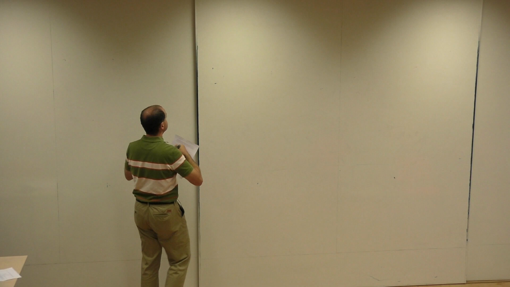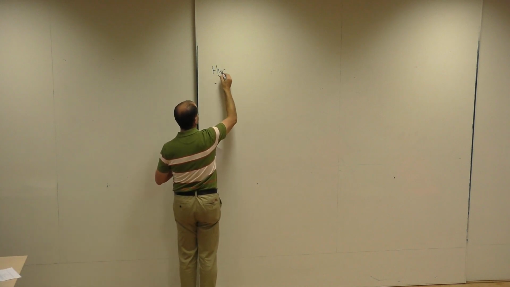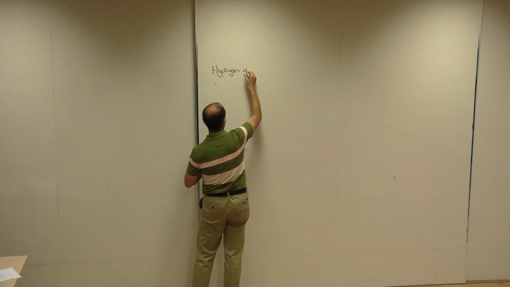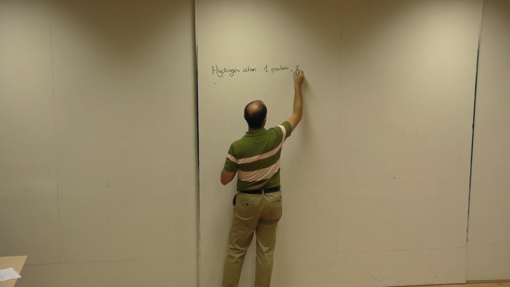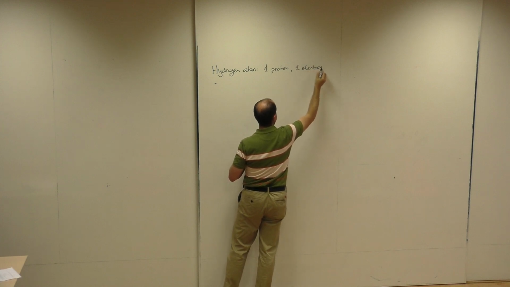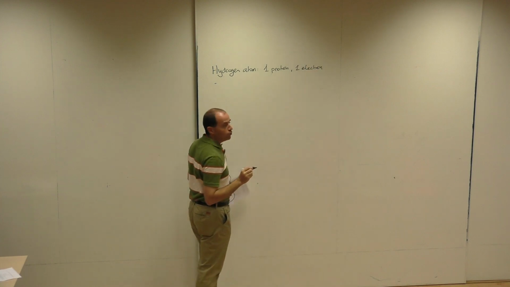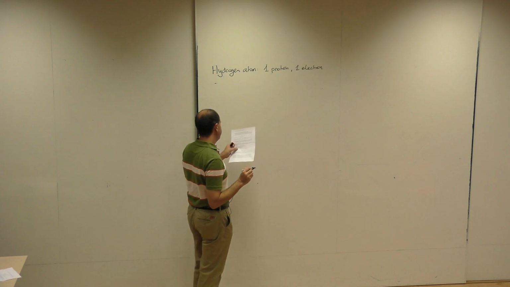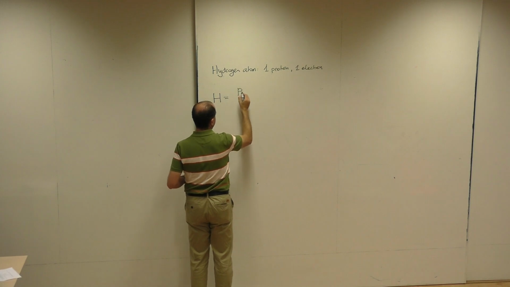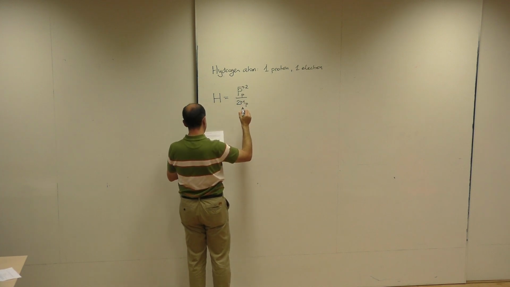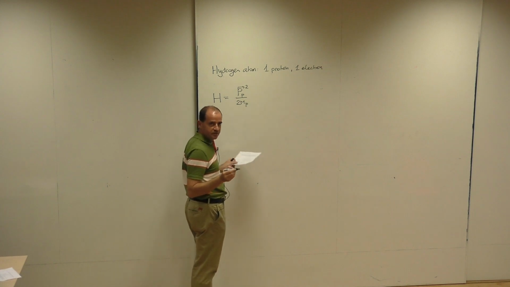So the hydrogen atom, what is the hydrogen atom? It is one proton and one electron. And how does the Hamiltonian look? Well, it looks something like that. There is the kinetic energy of the proton, and the notation should be something, well, I used M1 and M2 in the lecture notes, but let's go physical.